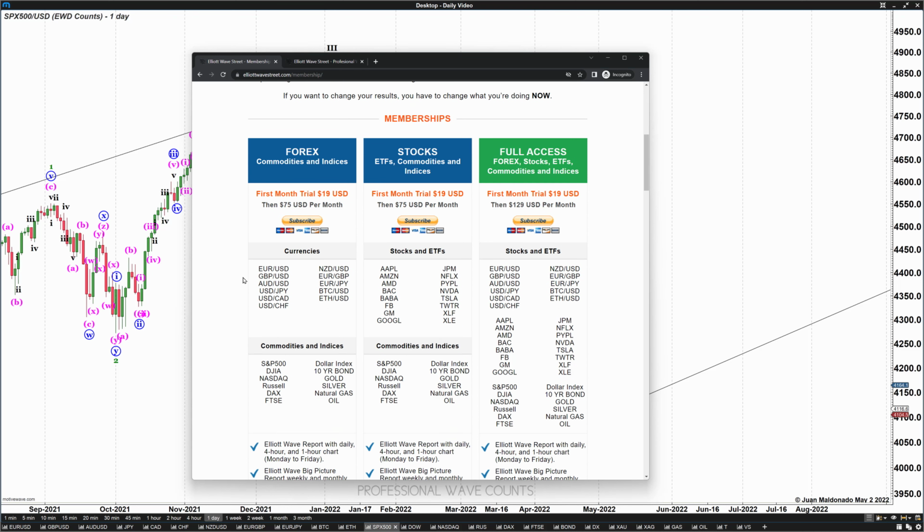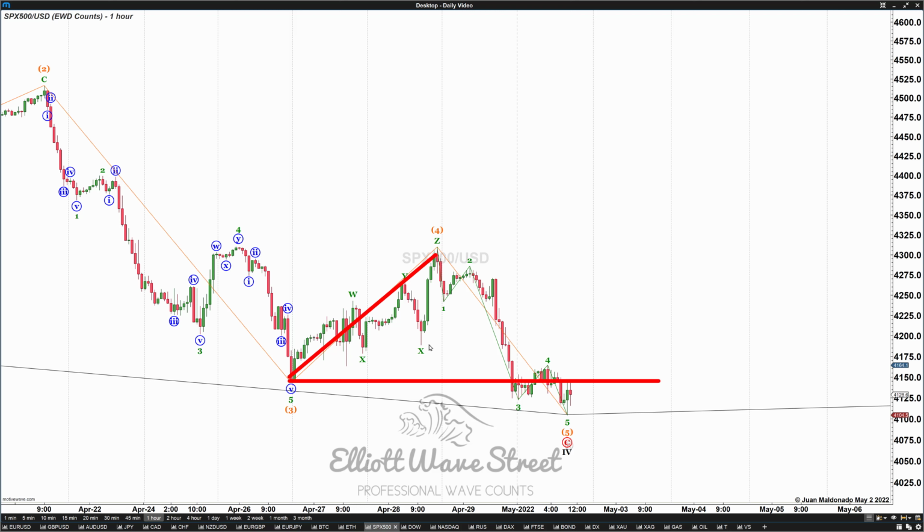If we check the lower time frames, like the hourly chart, we're starting to see some rejection at the market lows, and this is pretty interesting because of price action, something that we talk about in the membership as well.